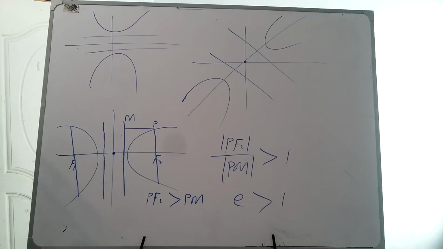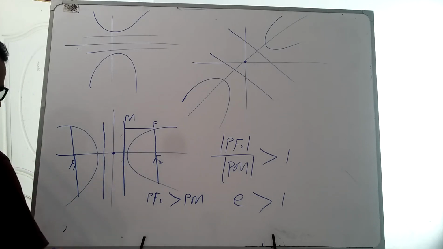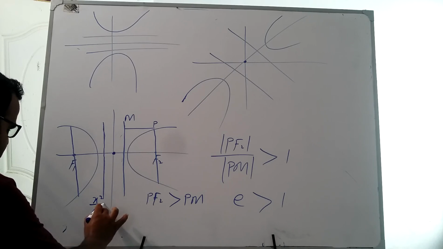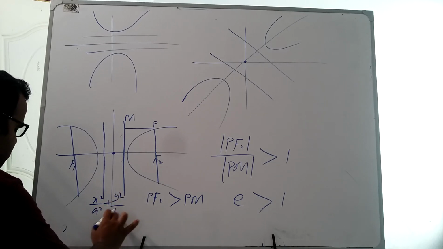So in this case, our equation is x square over a square minus y square over b square is equal to 1.